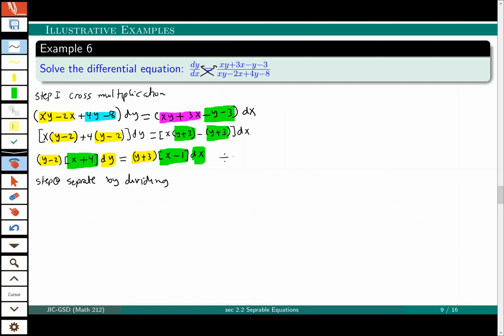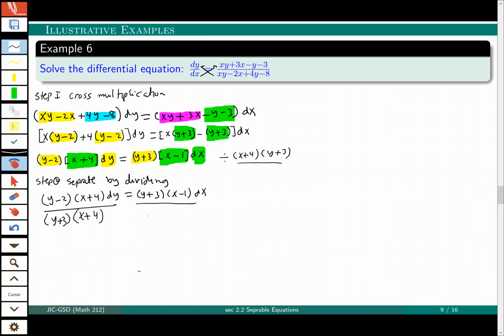I have here dy, so I must get rid of x plus 4. And I have here dx, so I must divide: y minus 2 times x plus 4 dy equals y plus 3 times x minus 1 dx. When I divide this quantity by x plus 4 times y plus 3.